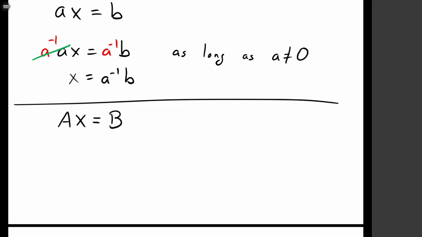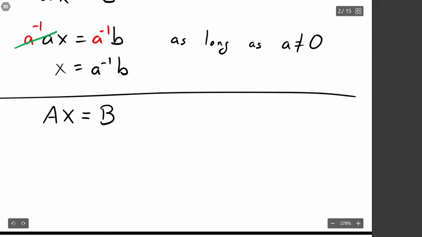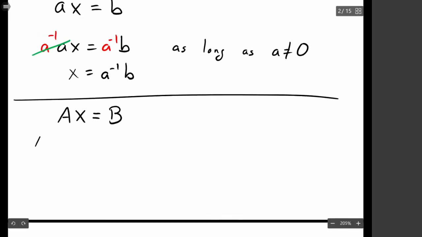Then what we'd like to do is try and emulate that. So try to ask, well, is there a matrix A inverse that I can multiply onto both sides here so that these cancel out somehow, and I'm left with A inverse B? Is this possible?